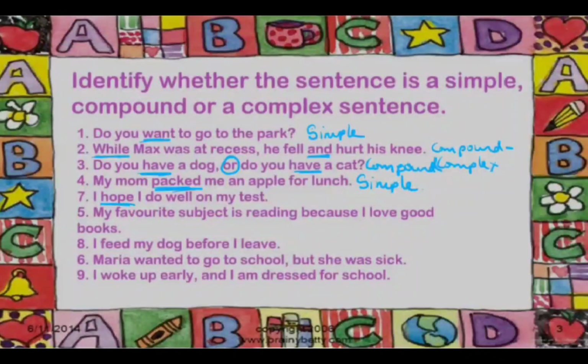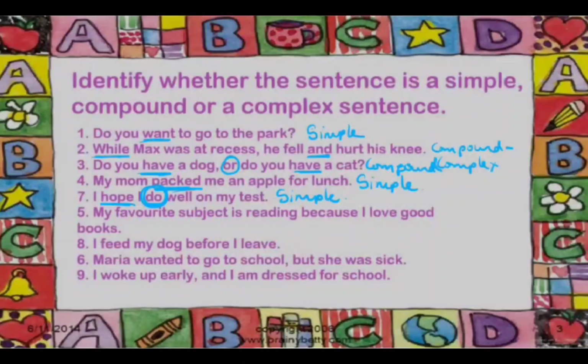I hope I do well. But then here, do has a hidden infinitive in the sentence. If you have to convert the sentence, you can say, I hope to do well in the exam. So this can also be possible. Hence, this is a simple sentence.